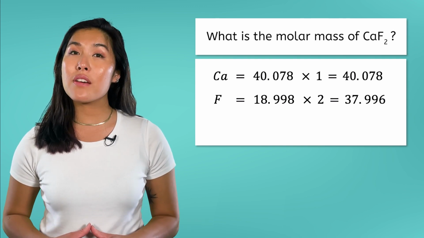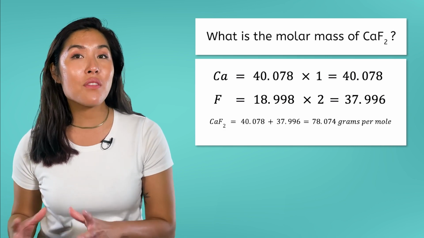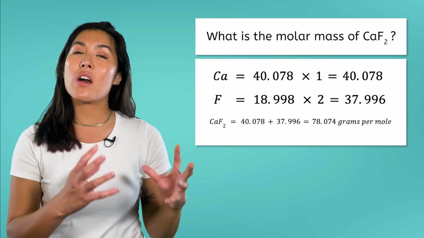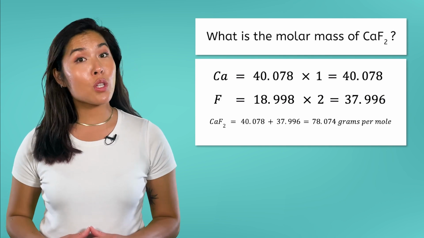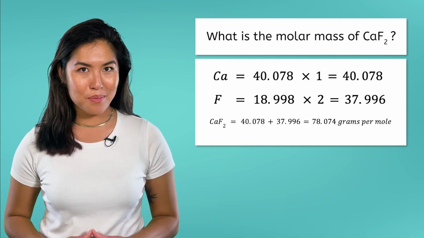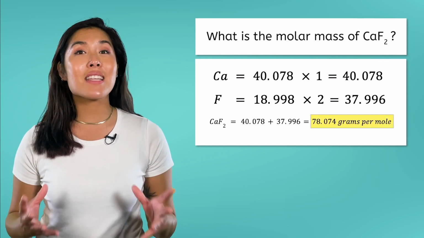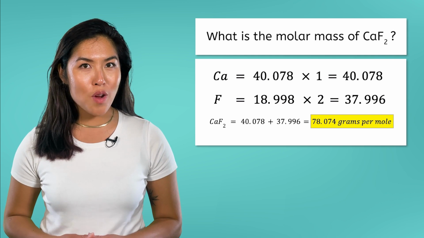That gives me 37.996. Now, I add together the mass of the calcium atom and the mass of the fluorine atoms for a total sum of 78.074 grams. So, the molar mass of calcium fluoride is 78.074 grams.